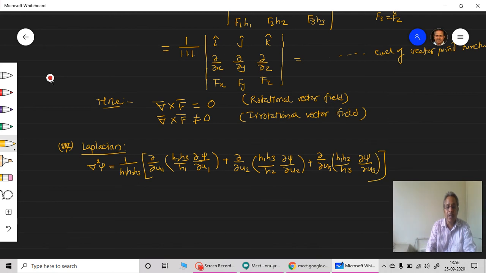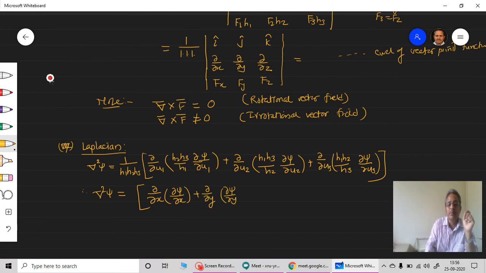Okay, now replace h1 h2 h3 by 1 1 1, replace u1 u2 u3 by x, y and z, and therefore we will get del square psi in the Cartesian coordinate system. It is ∂/∂x of ∂ψ/∂x plus ∂/∂y of ∂ψ/∂y, partial differentiation of psi with respect to y, and the last term is ∂/∂z of ∂ψ/∂z.